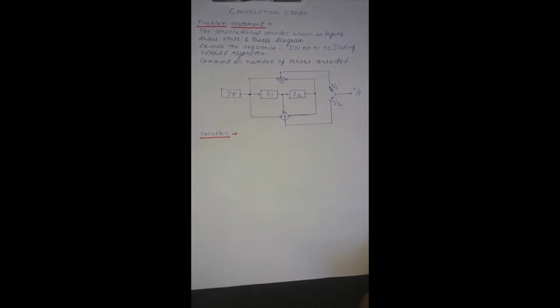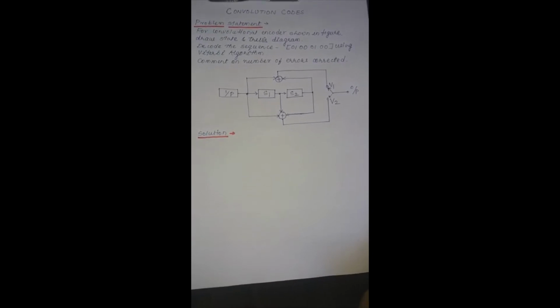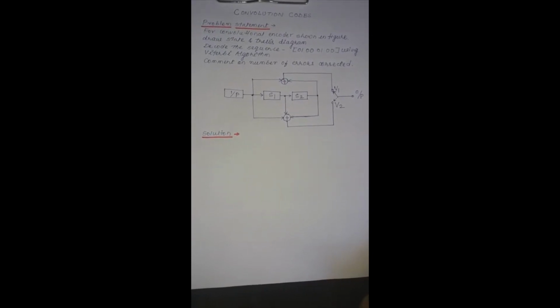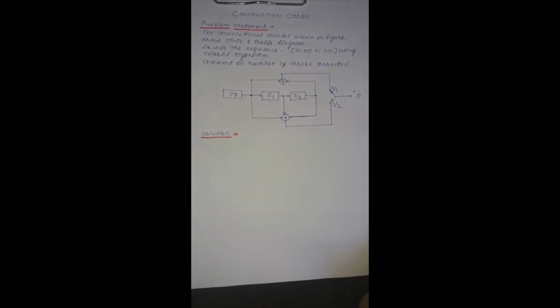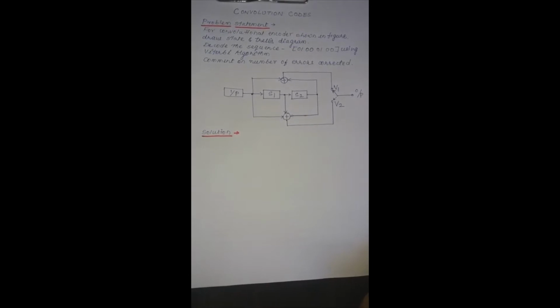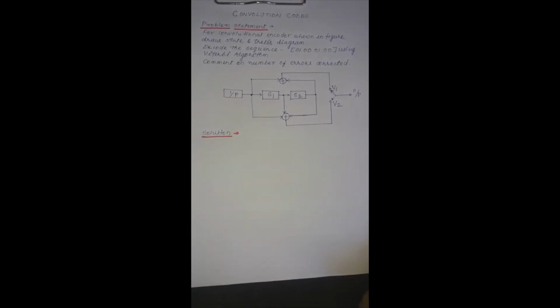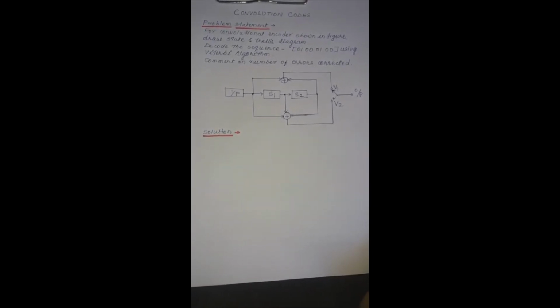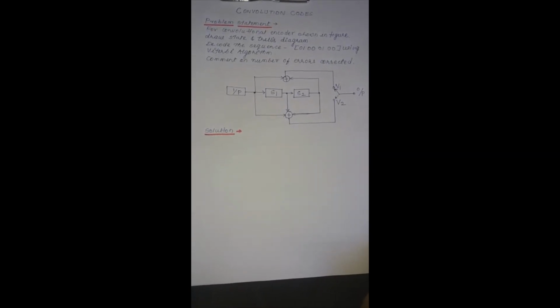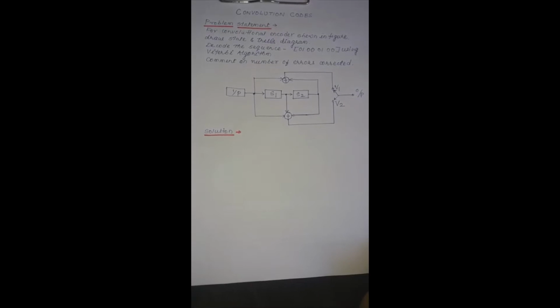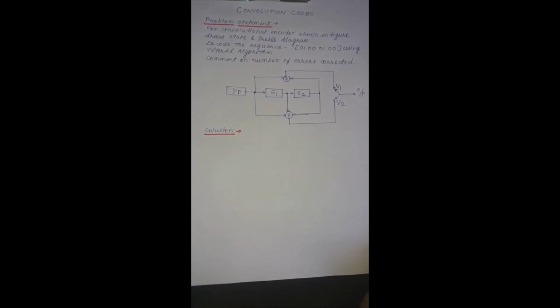It consists of two flip-flops S1 and S2 and two XOR gates or modulo 2 adders. Input is applied to flip-flop S1 and output of flip-flop S1 is given to flip-flop S2. The upper modulo 2 adder gets its inputs from input and S2, and the output of the upper modulo 2 adder is noted as the output V1.